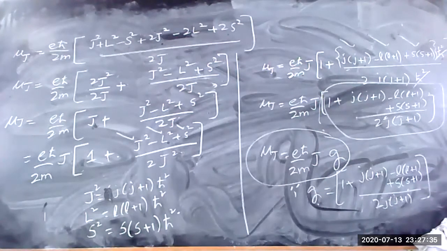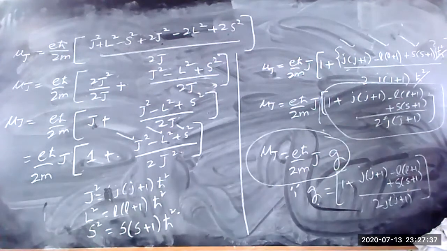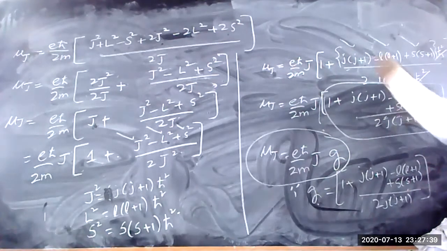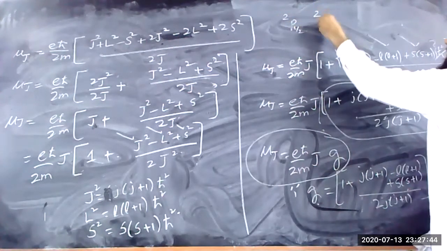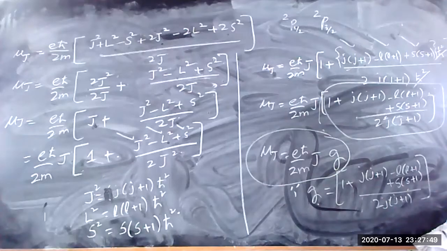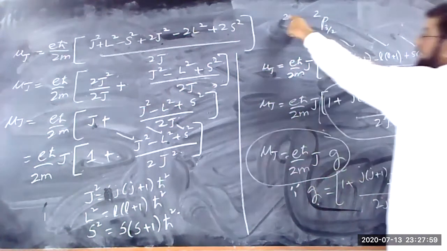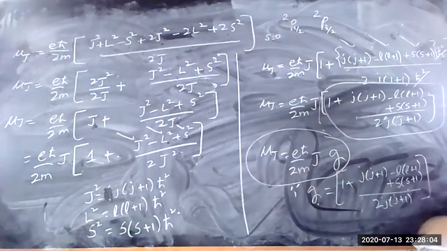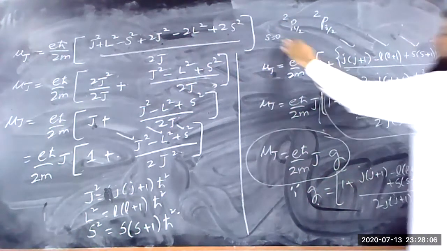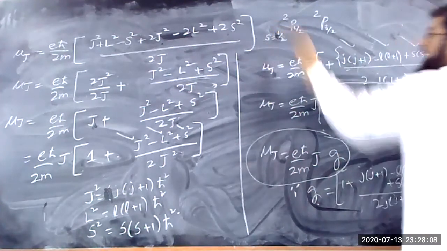Now if the level is given, for example, a level like 2p 1 by 2 or 2p 3 by 2, and I ask you to find its G value, its Landé factor value, you can find it easily. The 2 means spin is 1 by 2.